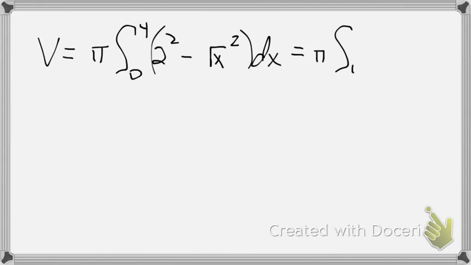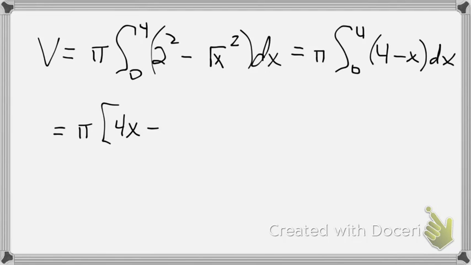So that's pi integral 0 to 4. That's just 4 minus x dx, right? Antiderivative, we got pi out front. 4x minus 1 half x squared. That's going from 0 to 4.